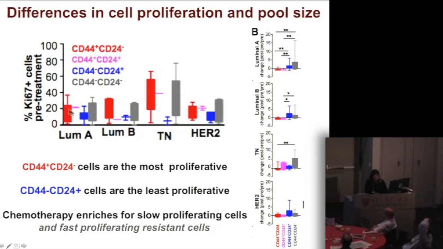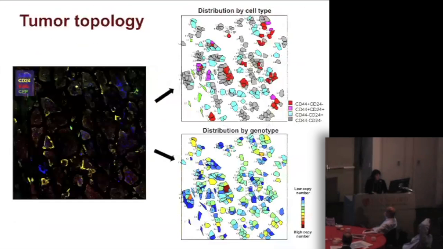And even in the luminal tumors, we saw this difference. So that basically says that we see an enrichment for CD24-positive cells in the residual tumors because those are less proliferative. The few outliers were where the tumor didn't respond, and because the CD44-plus cells were more proliferative, you can get the false impression that you're enriching for those, but in reality, you're not enriching. It's like they just don't respond.